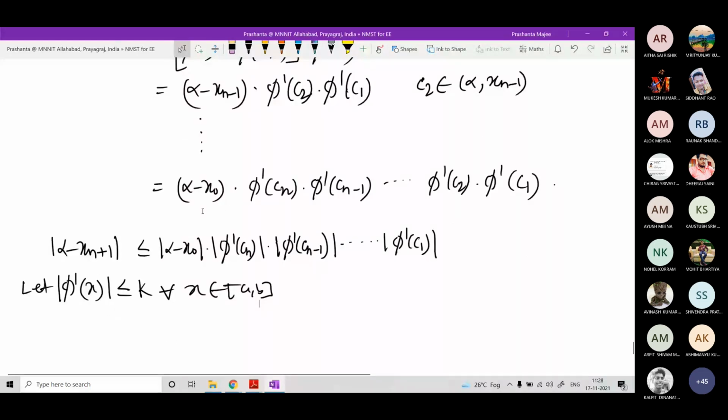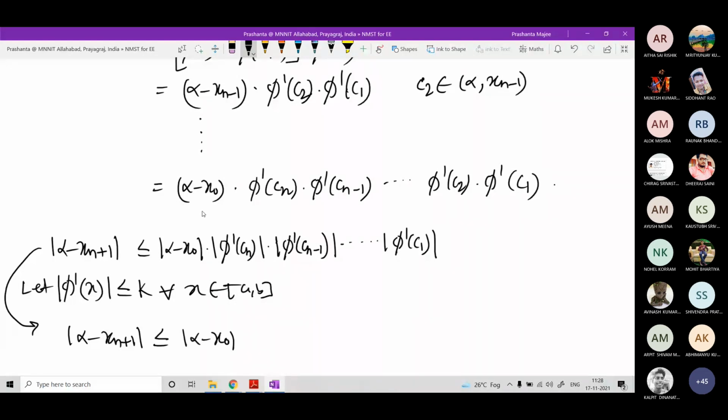Then what will happen to this expression? Tell me. Alpha minus xn plus 1 will be less than or equal to alpha minus x naught into k power n. So what is alpha minus xn plus 1? What is the term used for it?